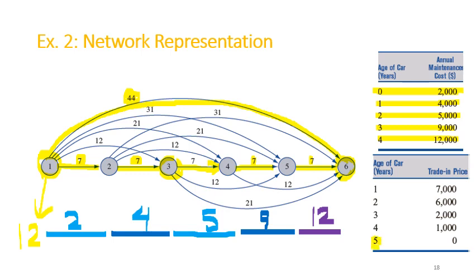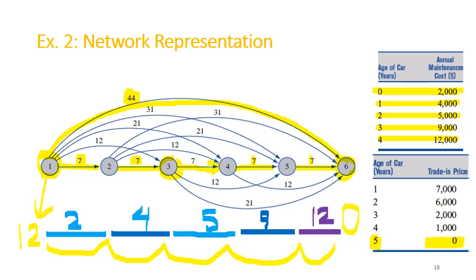Now at the end of my 5th year, I sell my car for the trade-in. So the age of my car is already 5 years because I keep using it for 5 years: 1, 2, 3, 4, 5, right? So at the end of the 5th year, my car has no value at all. So the trade-in price for my car is 0.